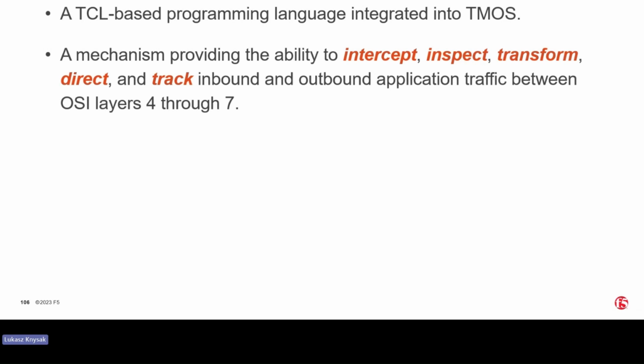So this is nothing in addition to your Big IP. This is something that is built into Big IP from the beginning. So F5 decided to create their Big IP many years ago with implementing iRules from scratch, right?